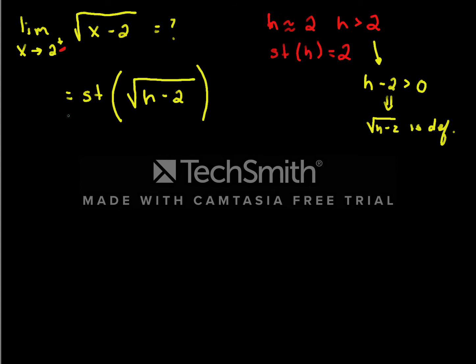That's good. So then this is equal to simply the square root of the standard part of h minus 2, which is the square root of 2 minus 2, which is 0. So the limit from the right exists.